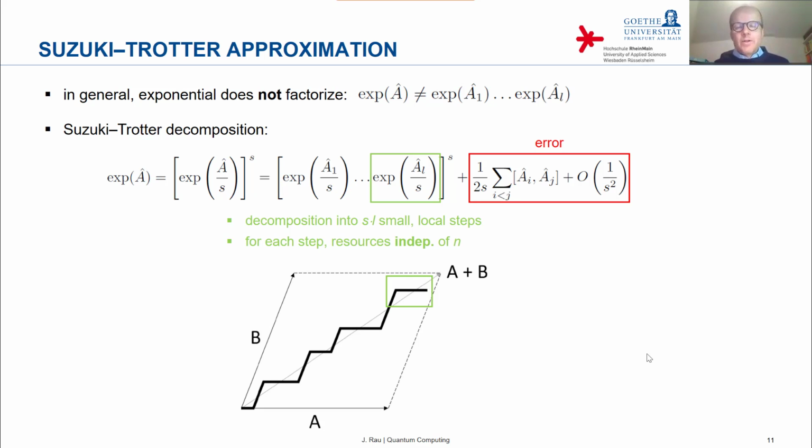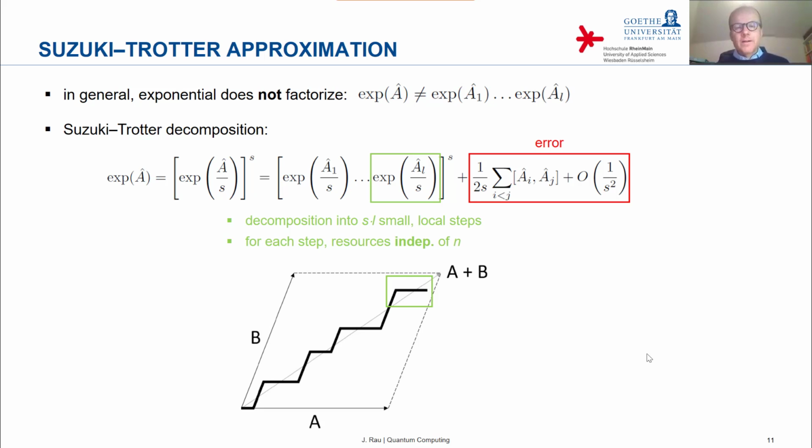On the previous page, we saw that L, the number of terms in the sum, scales polynomially with n. And this means that L squared also scales polynomially with n. And therefore the number of terms in this sum in the error scales polynomially with n.